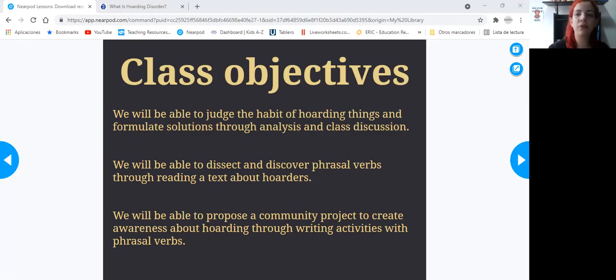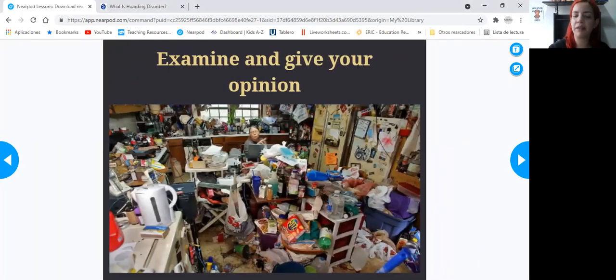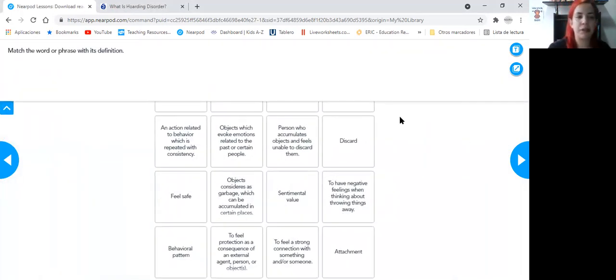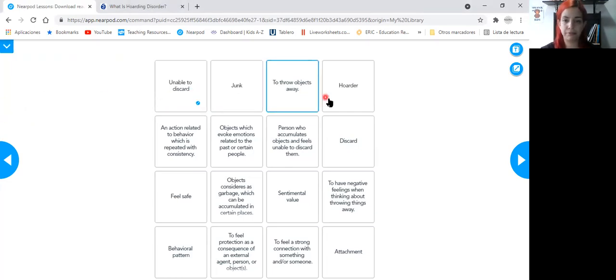Activity one. This is a matching activity. Let me highlight it over here. Match the word or phrase with its definition. You have one word or phrase, which is very short, and the definition is longer.